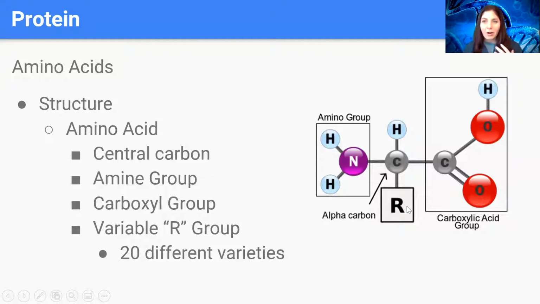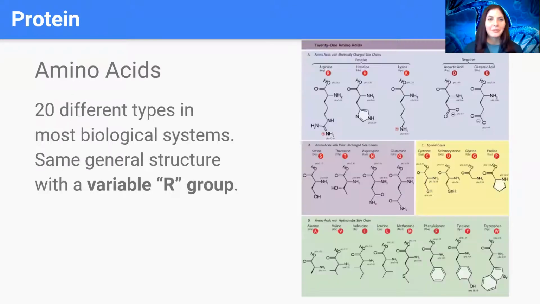Now that variable R group is what differentiates one amino acid from the next. And there are 20 different varieties of amino acids that compose all of the proteins in living organisms. So in most biological systems, like I said, we have 20 different types of amino acids. And don't worry, you do not need to memorize these for any tests unless you're a biochemistry major in college.